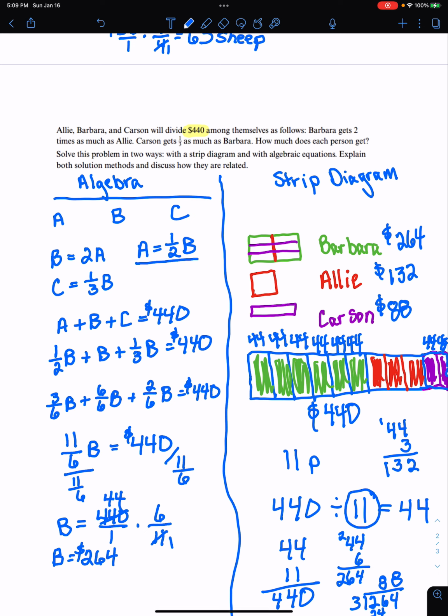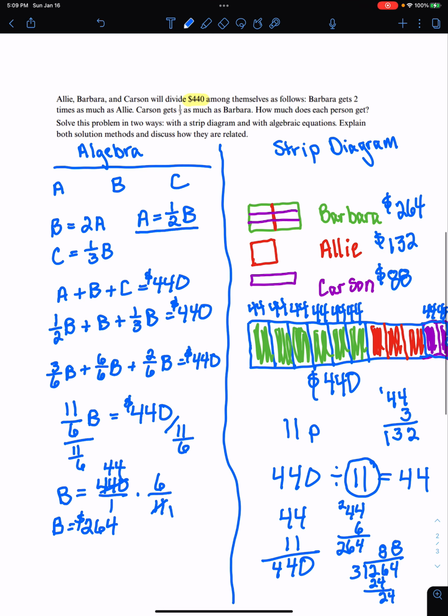And then we could figure out the other ones, but I think you can see the connection between the strip diagram and the algebra. Hopefully you can see the connection between the strip diagram and the algebra.